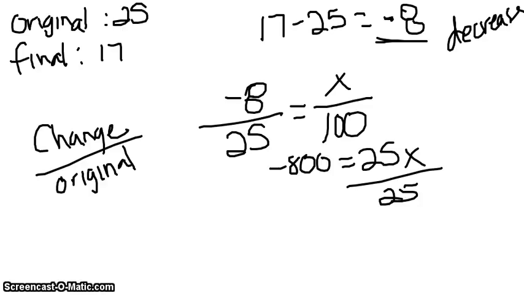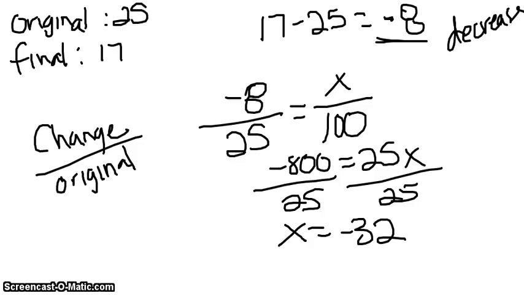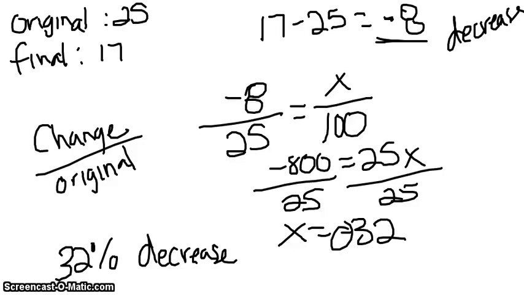Divided by 25, x is going to equal -32. Now, because percentages aren't technically negative, I'm going to just say it's a 32% decrease. That decrease shows us that negative portion of it.